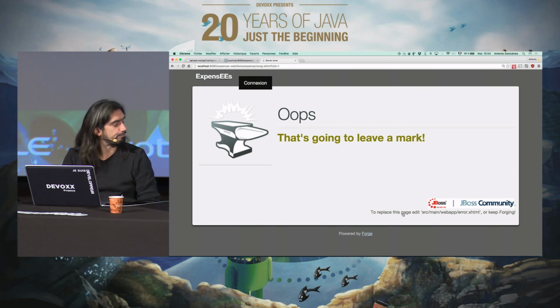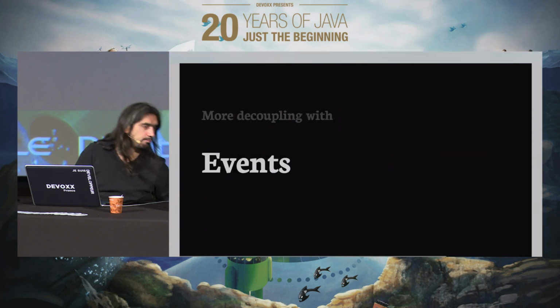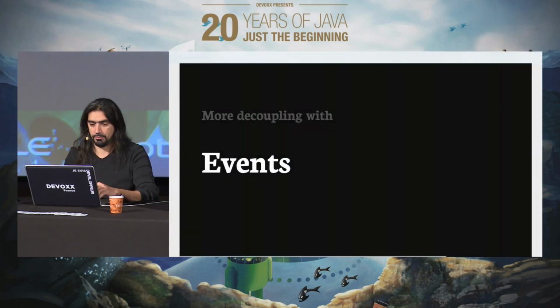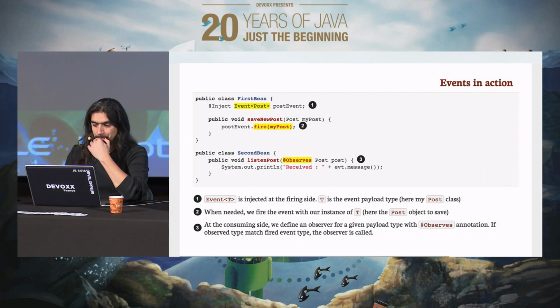Yeah, okay. You probably won't want to inject them. You will use events. This is another way to decouple the producing and the consuming parts of your code. Events are a very nice and very popular feature in CDI, and it's rather easy to use.